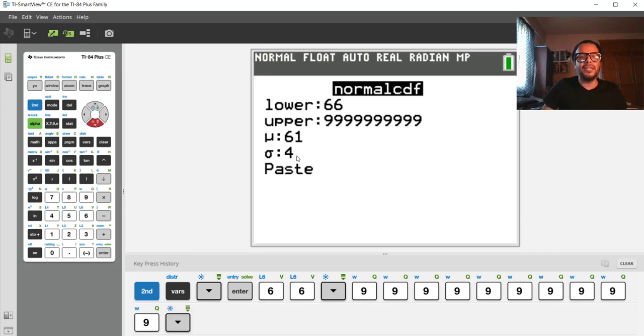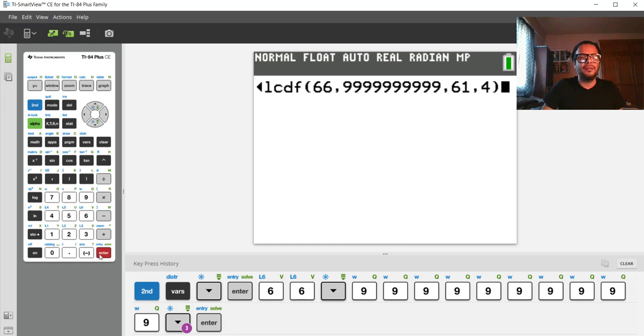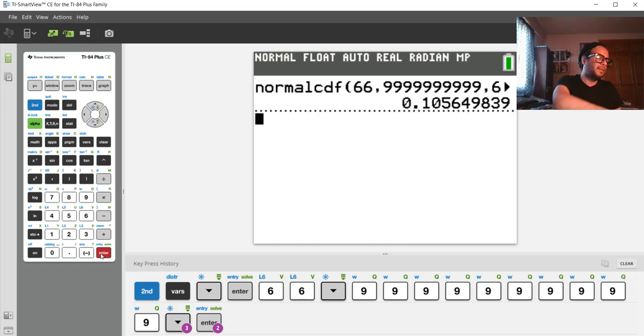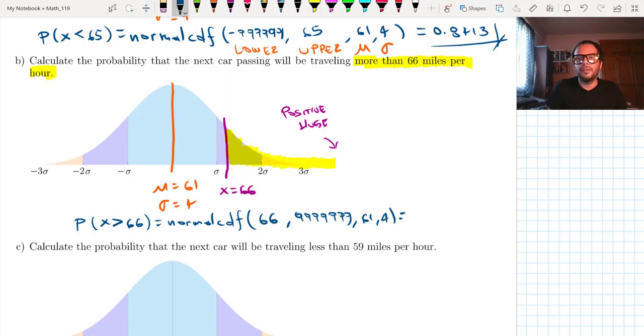And then the mean and the standard deviation, because we're working with the same numbers, sometimes in the calculator they will remain the same. Let's just paste and click enter. So what do we get? 0.1056. So 0.1056 is the probability. That's basically 11%, which, look at the portion of the graph that is shaded.